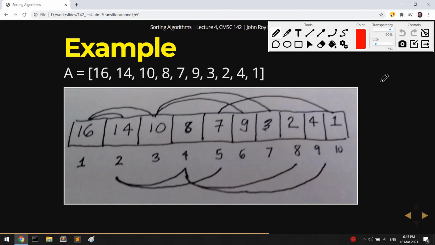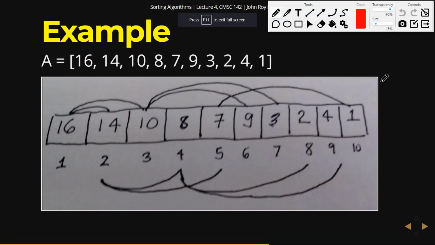Okay, so if it's something like this, basically it would look like this: 16, 14, 10. Since 16 is at index 1, because this is the root, right? This is the root. So its left child would be at 1 times 2, because left child is index times 2.